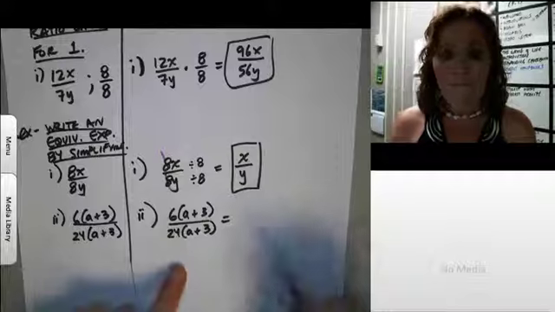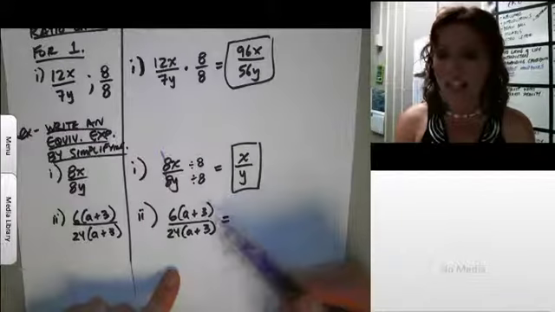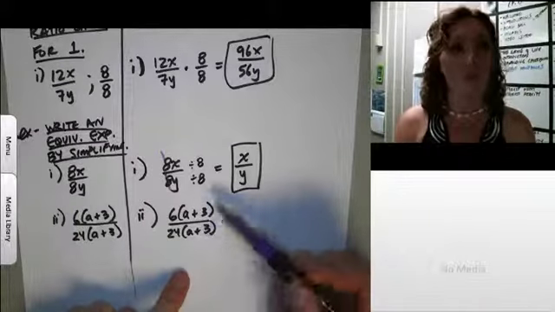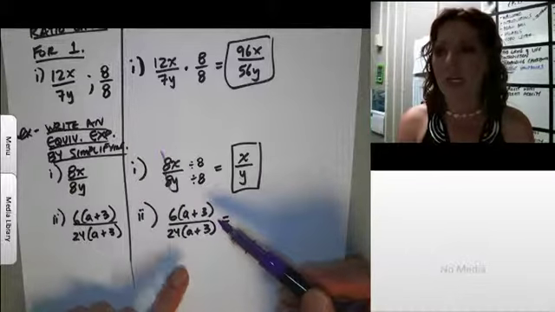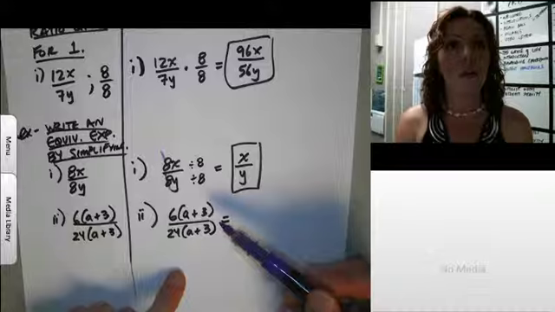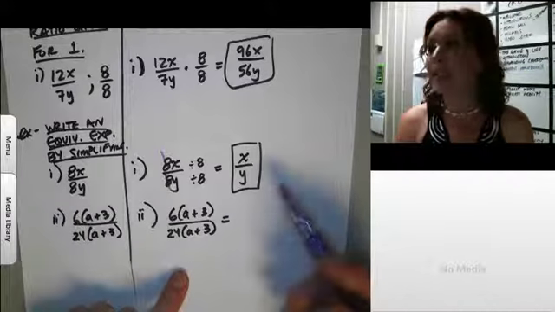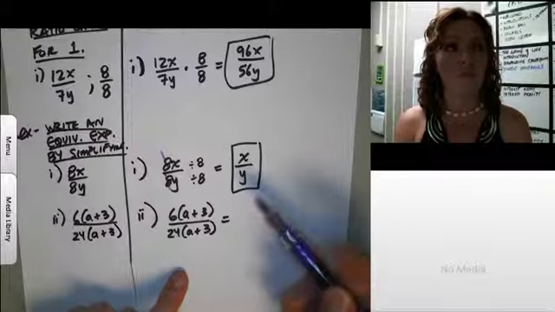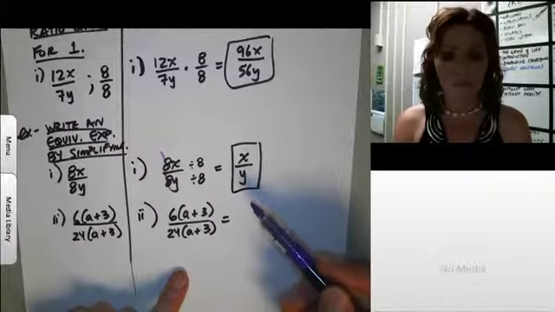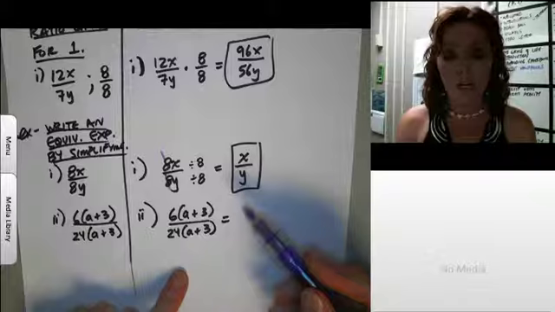Okay? Does anybody see anything in this one that's identical on the top and on the bottom? So everybody look at this. It's 6 times a plus 3 on the top. On the bottom, it's 24 times a plus 3. So does anyone see anything that's identical on the top and the bottom? A plus 3 and a plus 3.